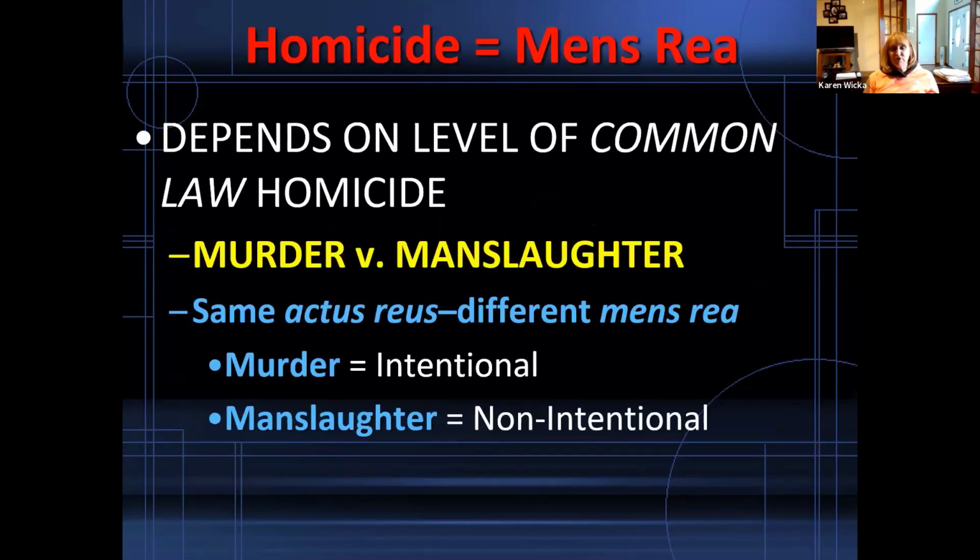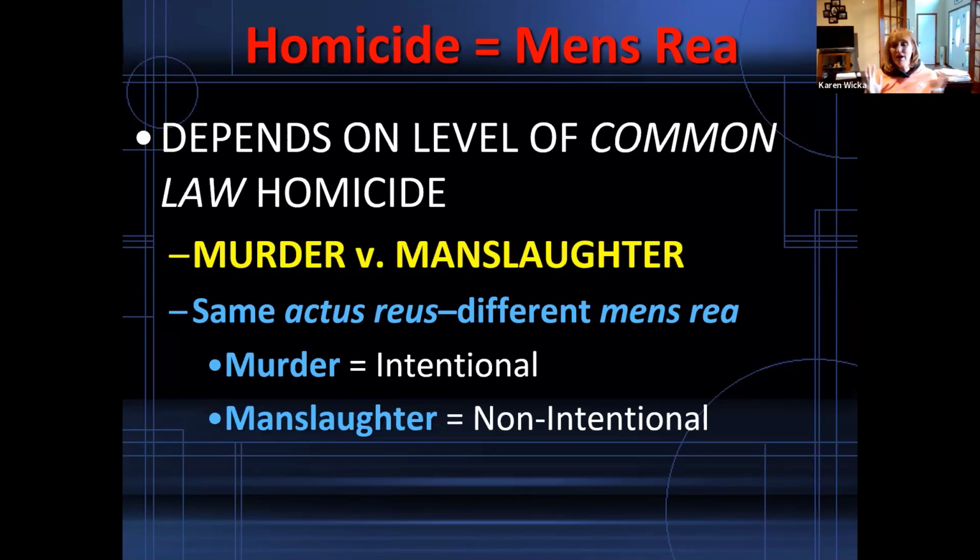Okay, so homicide, we said actus reus, one person taking the life of another, but don't forget crimes also have mens rea. So we need to figure out what the mens rea would be for the term homicide, okay? Now, mens rea is going to depend on what level of homicide we're talking about. So homicide is the big broad definition, and then we have different crimes, layers of homicide underneath.